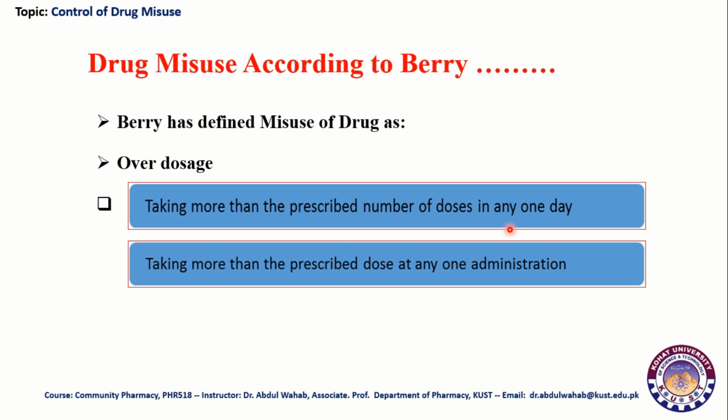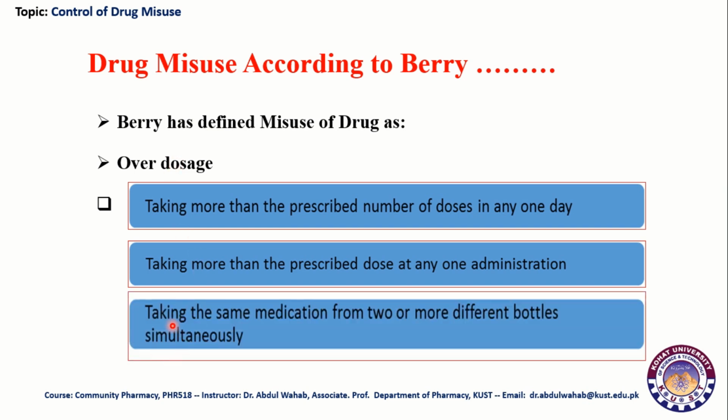Again, Berry says taking more than the prescribed dose at any one administration is misuse of drug, because overdosage will result. Berry also says that taking the same medication from 2 or more different bottles simultaneously is misuse of drug, because it will also result in overdosage.